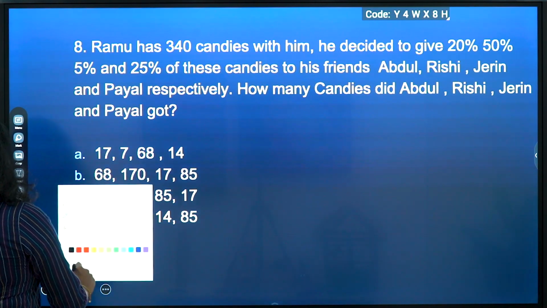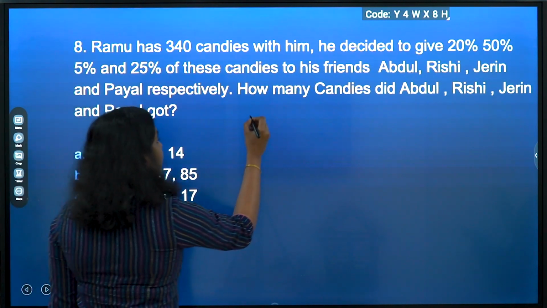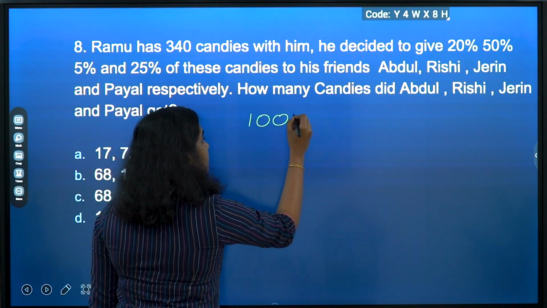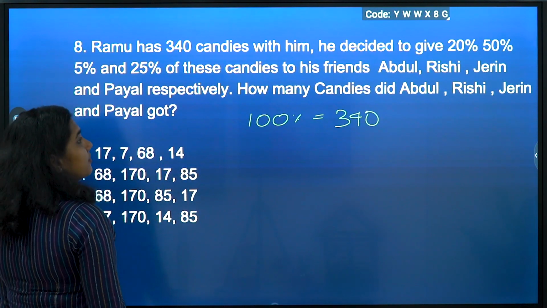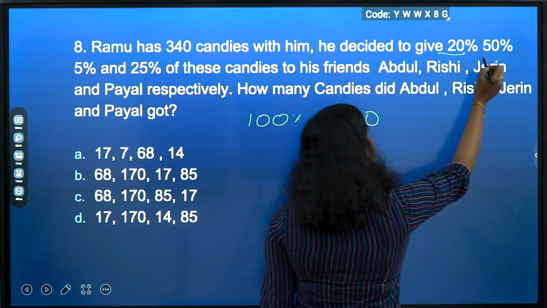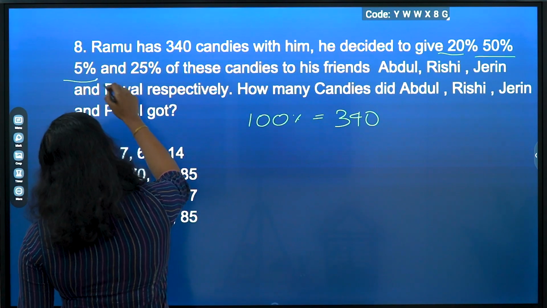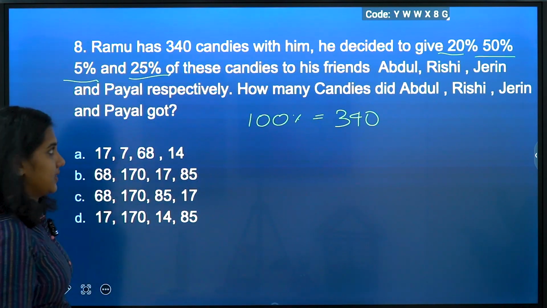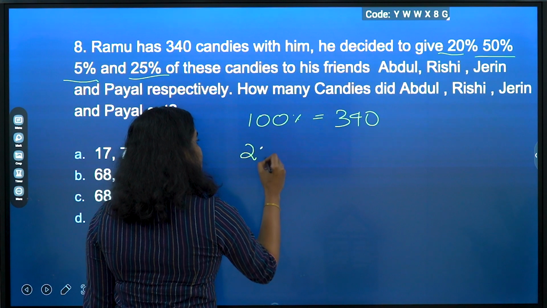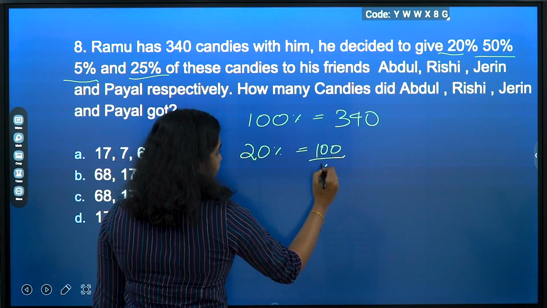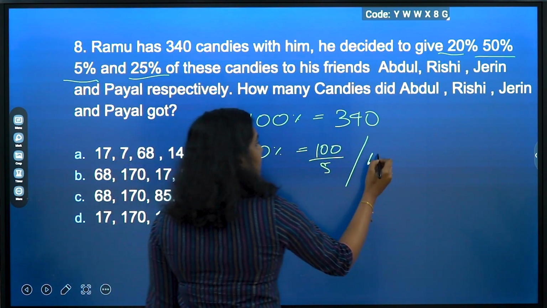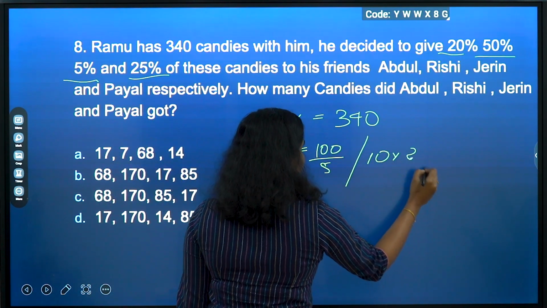Now the total number of candies is 340. So our 100% is 340. Now you have to find out 20%, 50%, 5% and 25%, right? So 20% means 100 by 5 or 10 into 2, right?